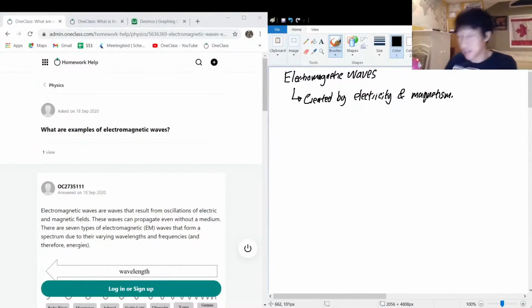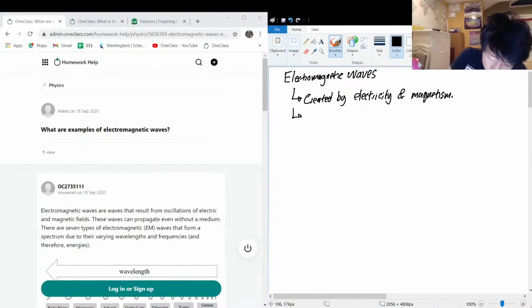The reason that they exist is that electric fields will incite magnetic fields, and magnetic fields incite electric fields. So these fields create each other, and they chain-create each other in a transverse wave.